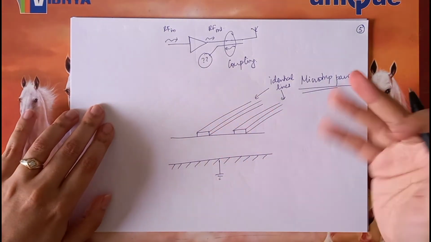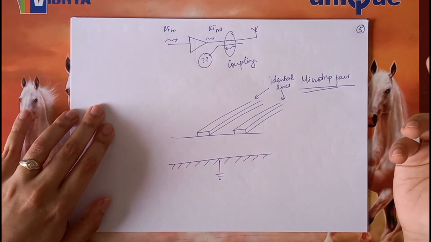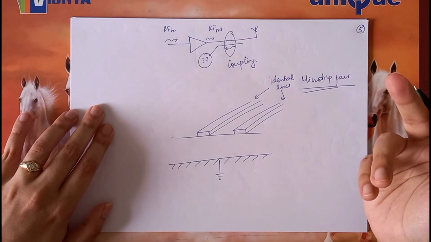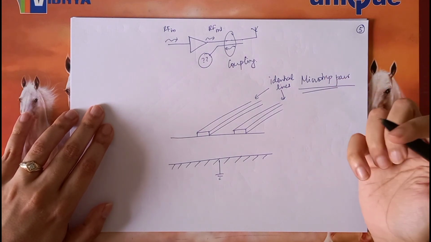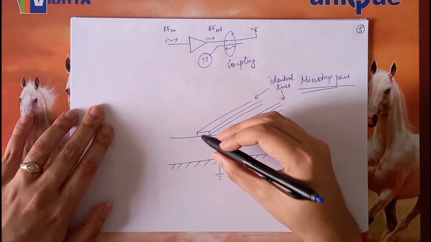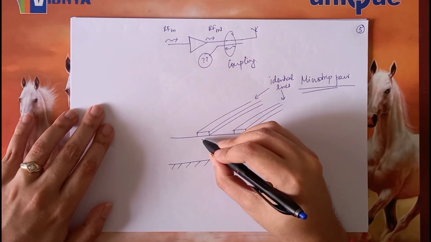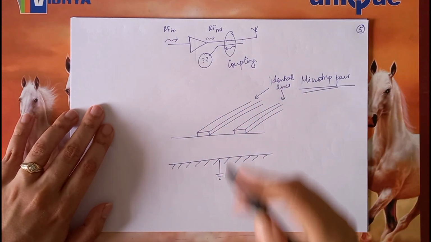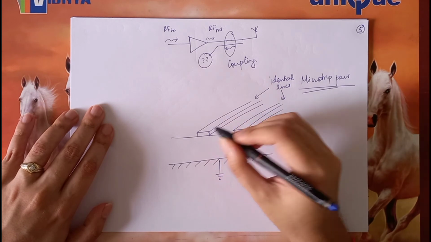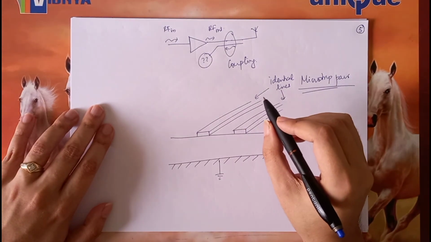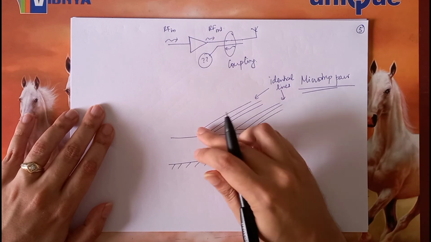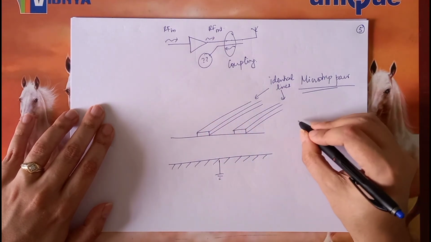It is like saying there are two transmission lines which are actually close to each other. Now let us first consider the case when the two of them are carrying equal current in the same direction.